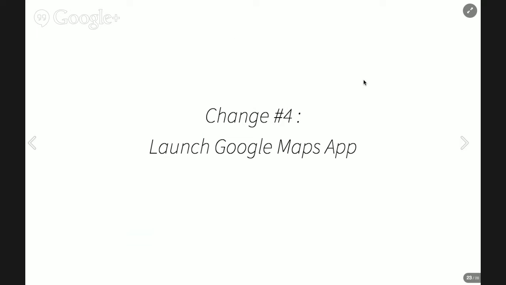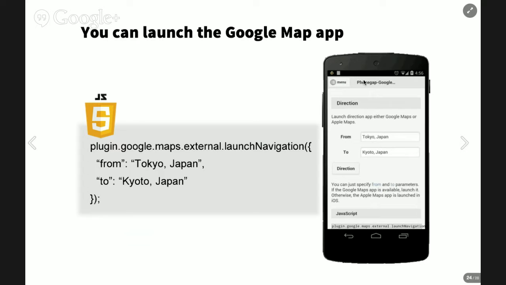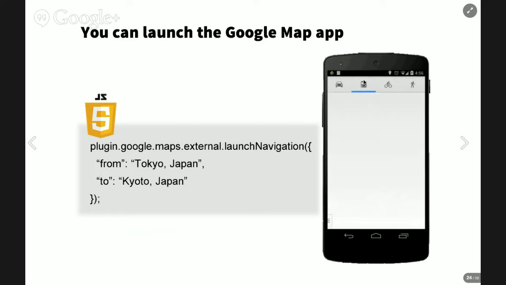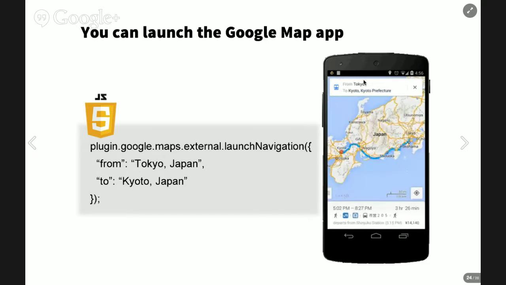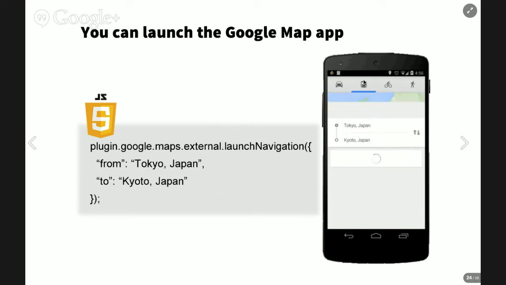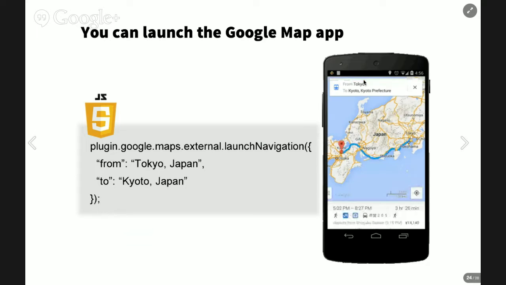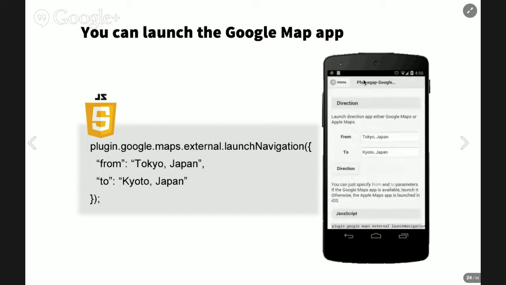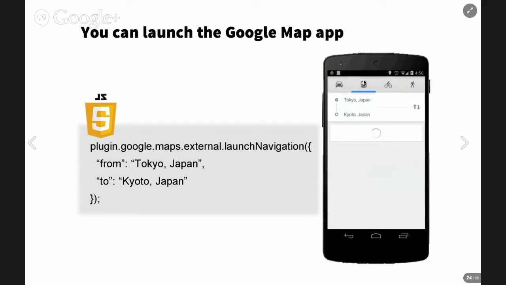Another last feature is launching the Google Maps app. It's a simple feature, but it's very useful. Just pass the from point and destination point, then it launches the Google Maps application.